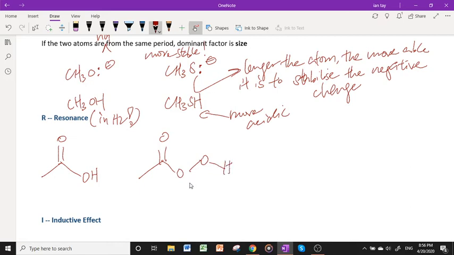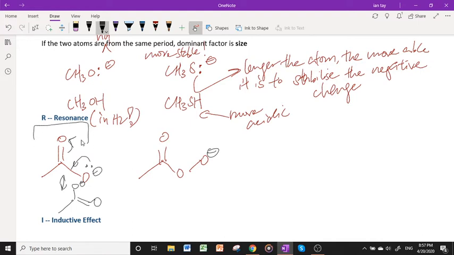On first glance, it does appear that this could be a stronger acid. Why? Because there are more highly electronegative atoms which can stabilize the negative charge better. But let us take a look at the conjugate bases for a moment, and we notice that there is possible resonance stabilization of the conjugate base of the carboxylic acid.